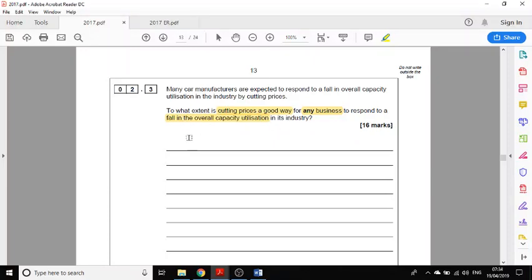It's quite a complex question there. So it's about businesses responding to a fall in overall capacity utilization in its industry, i.e. it's not the only company that's facing a fall in capacity utilization, it's across the whole industry. And is cutting prices a good way to do that?